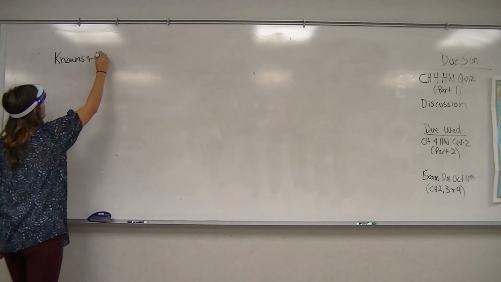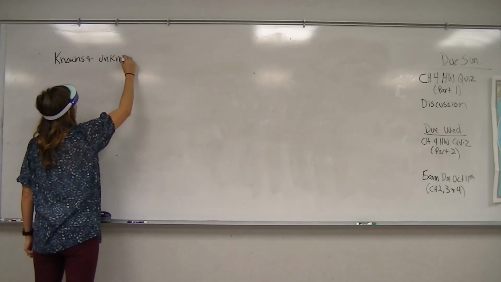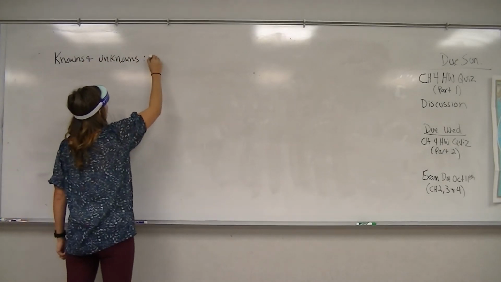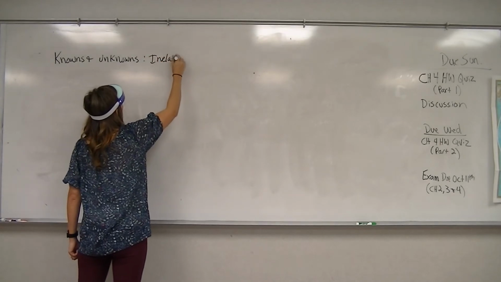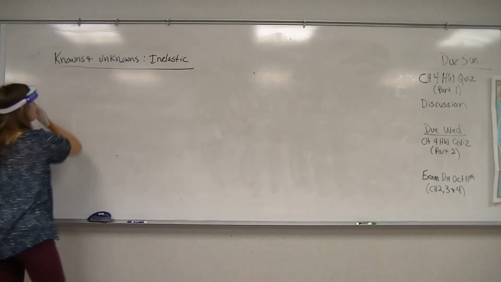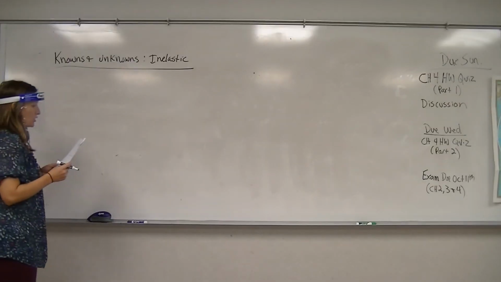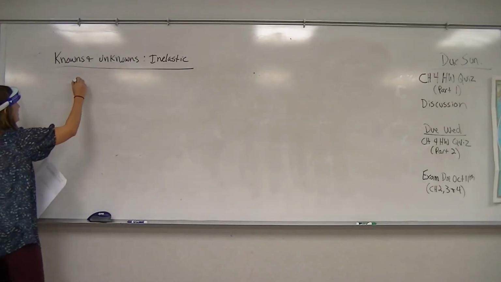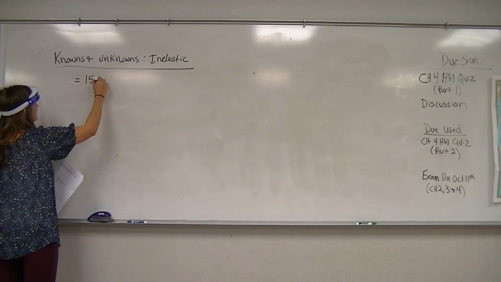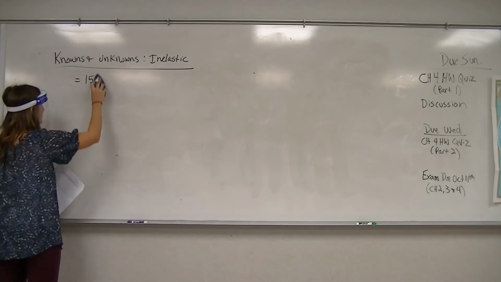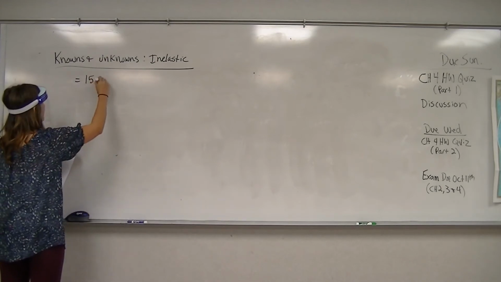If the cars are sticking together, we just said it's inelastic. So at least we know what equation we're using. Now we just need to figure out all our variables. The first car is going 15 meters per second. Is that a mass or a velocity? Velocity.